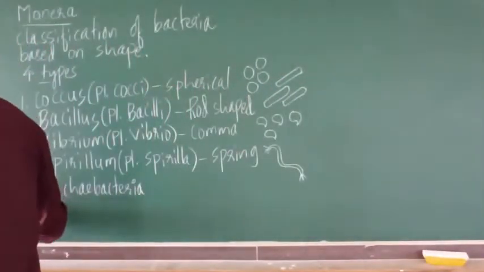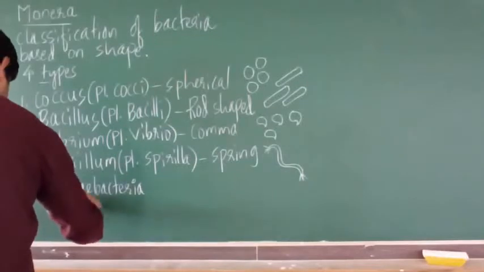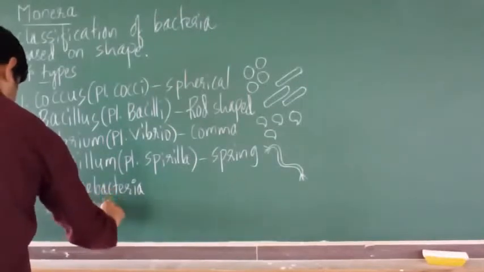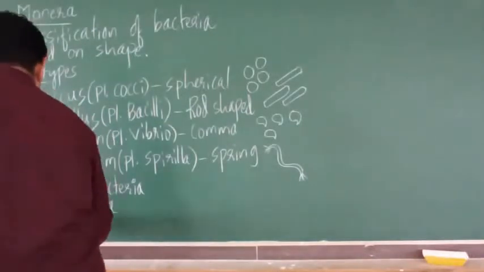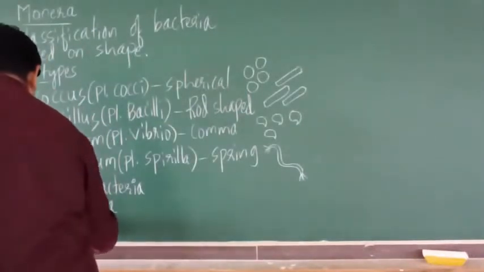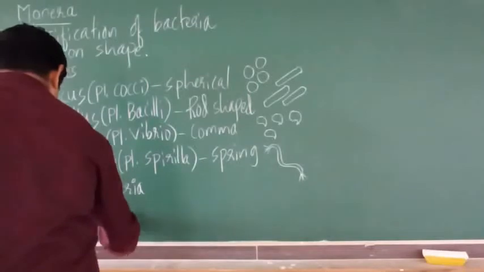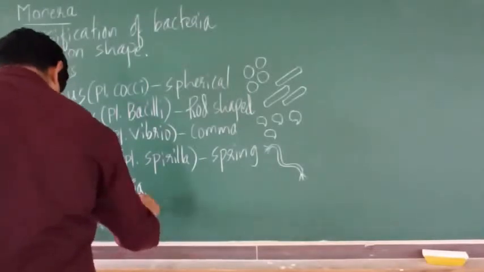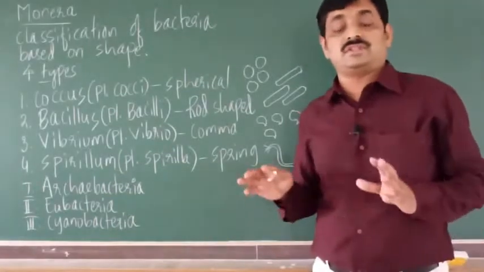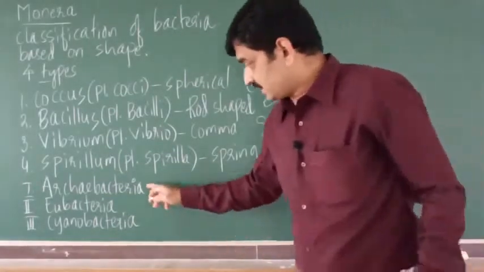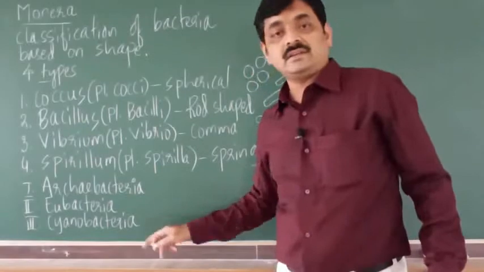Then the second one is Eubacteria, and the third one is Cyanobacteria. So these are the 3 groups of bacteria which come under Monera.